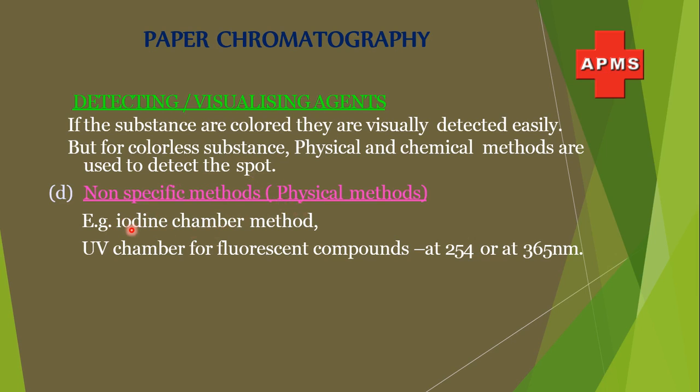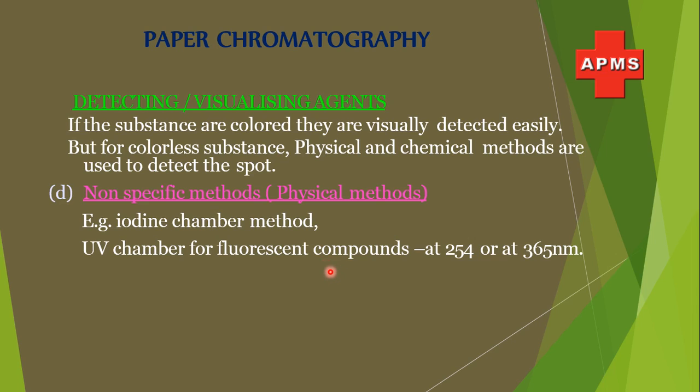In physical methods, we use the iodine chamber method and the UV chamber method. In the iodine chamber, the iodine vapors make the invisible spots visible, and in the UV chamber, the fluorescent compounds or specific organic compounds absorb UV light and undergo electron excitation.